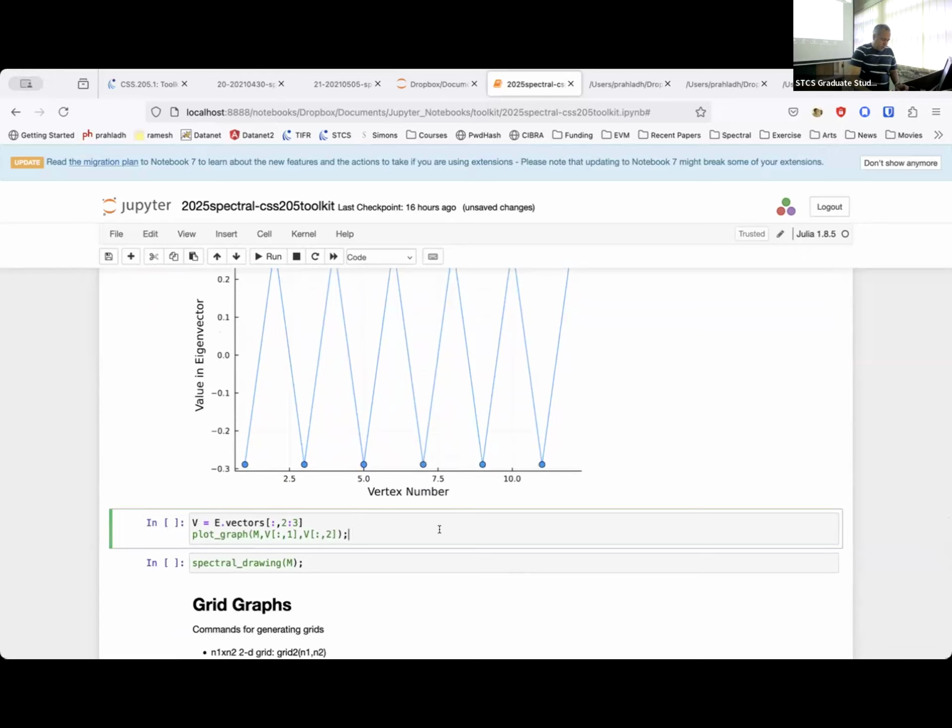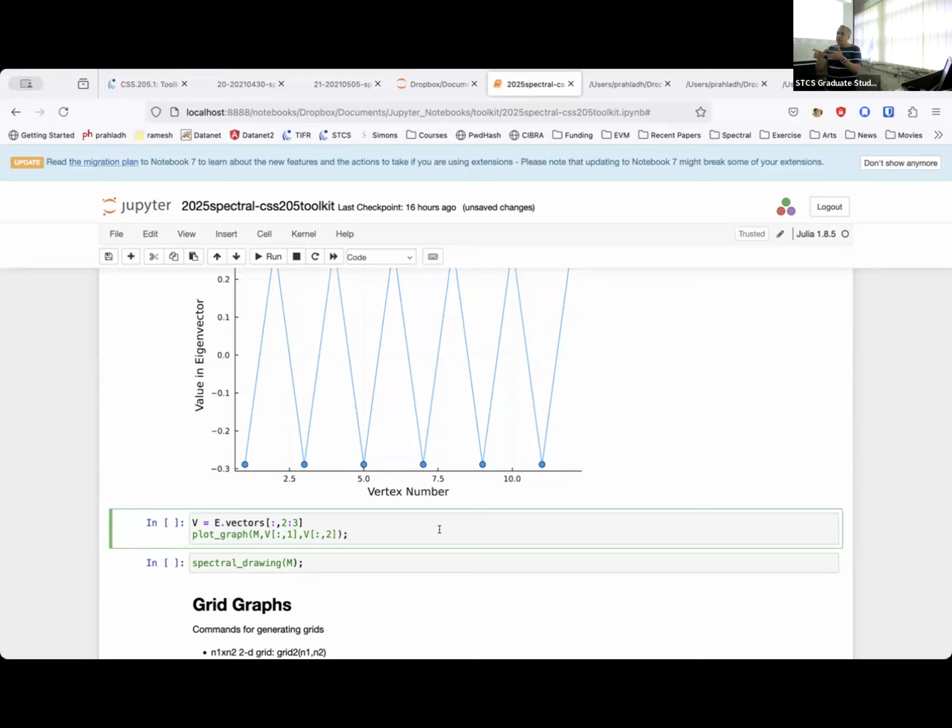But let's do something more interesting now. I'm going to take the eigenvectors and plot them. The eigenvectors are vectors, so the first eigenvector gives me a real value for every vertex, and the second eigenvector gives me a real value for every vertex.